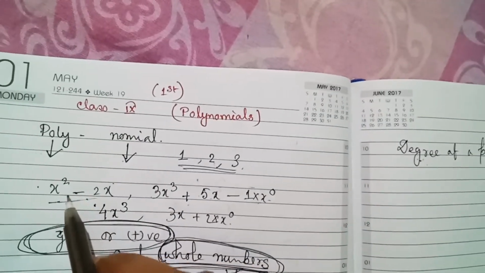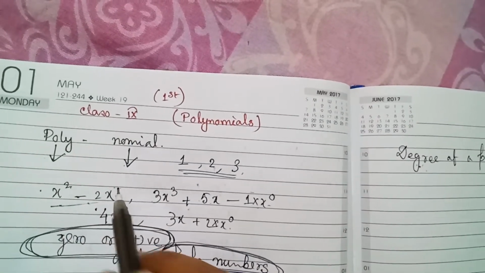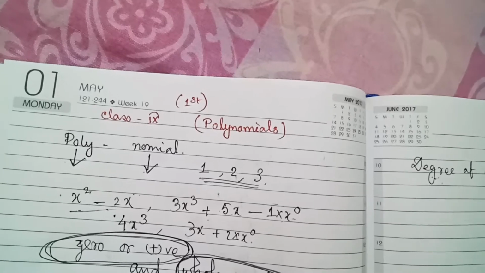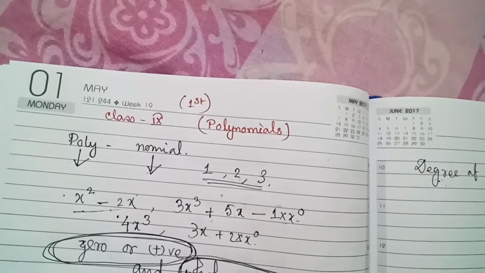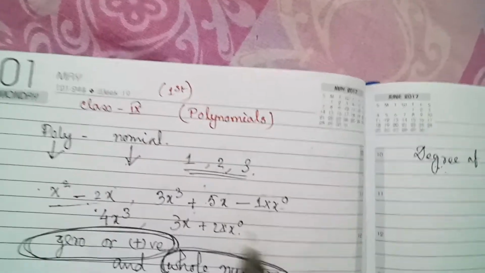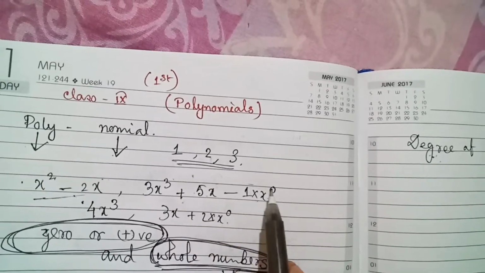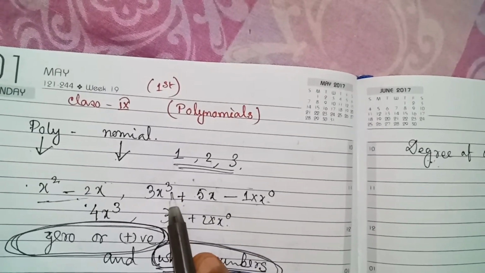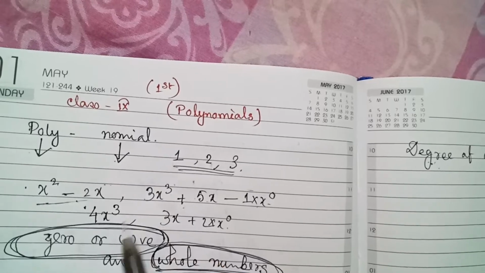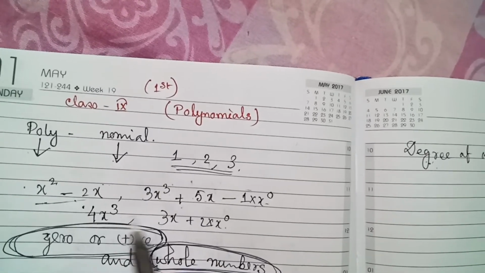So we will look at the powers. 2, 1, which is the highest power? 2. That means its degree is 2. 3, 1, 0, which is the highest? 3. That means degree is 3. Here the degree is 3.